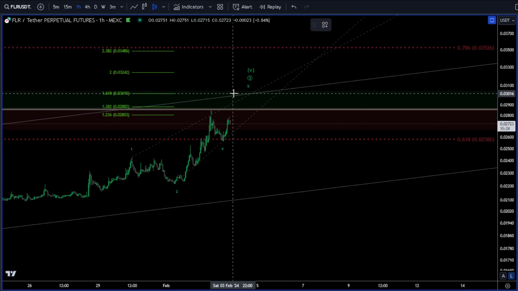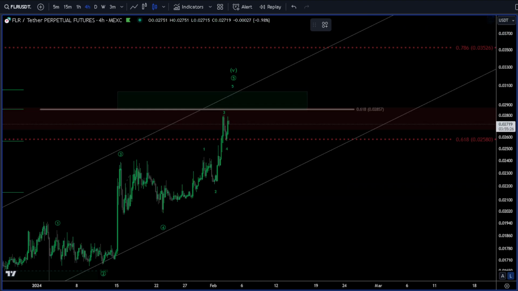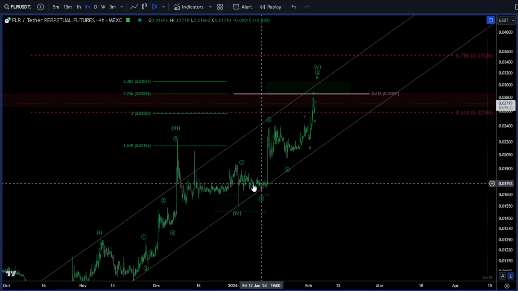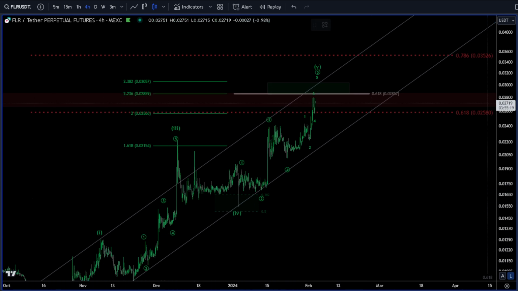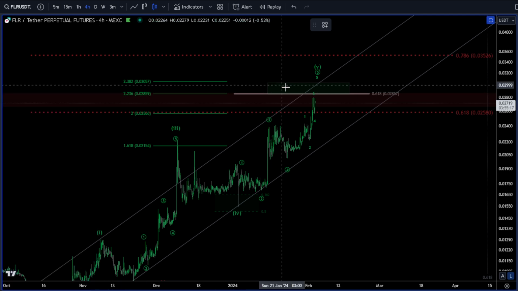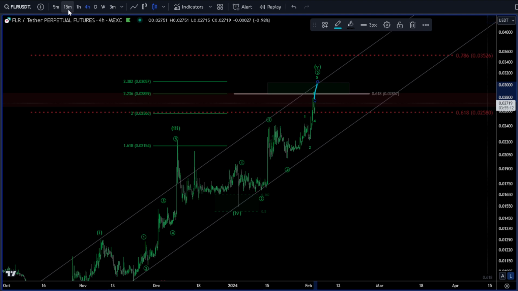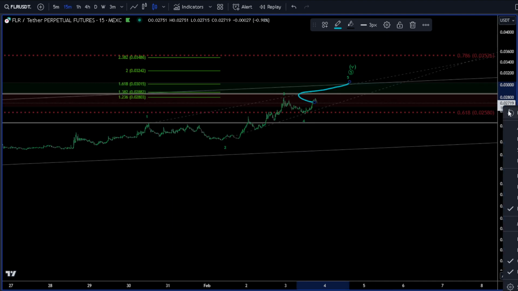Ideally, what we want to see is tag this trend line on the larger time frame, as you can see. Just tag that right there, down on the 15-minute.